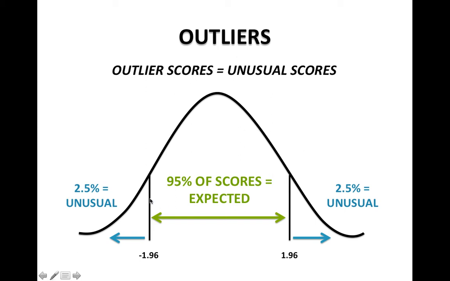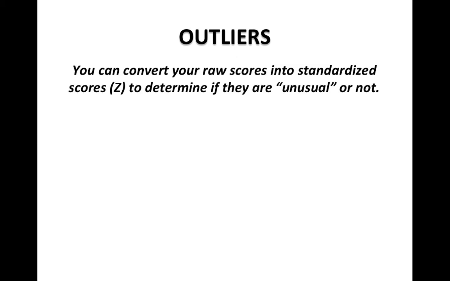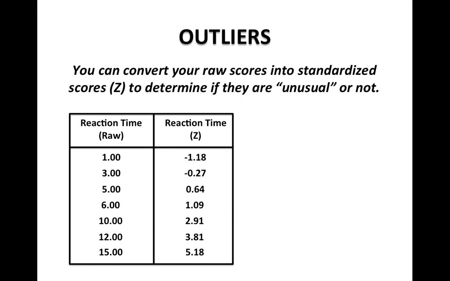Anything outside of here, so 2.5% on this side and 2.5% on that side, we would consider to be unusual, and therefore an outlier. To determine this, we need to convert our raw scores into standardized z-scores. What we're looking for are values that are bigger or smaller than positive or negative 1.96.